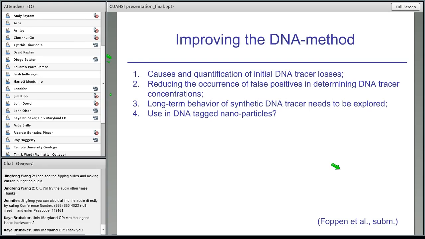We also would like to reduce the occurrence of these false positives, because every now and then you have them, and it's quite annoying. So how can we get rid of that? Perhaps some sort of filtering.